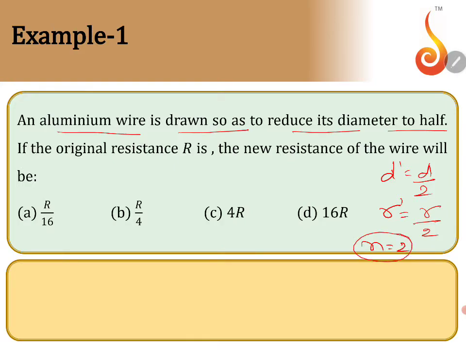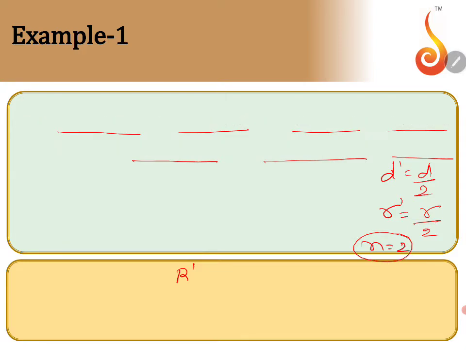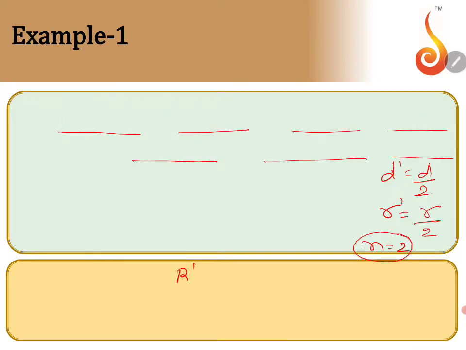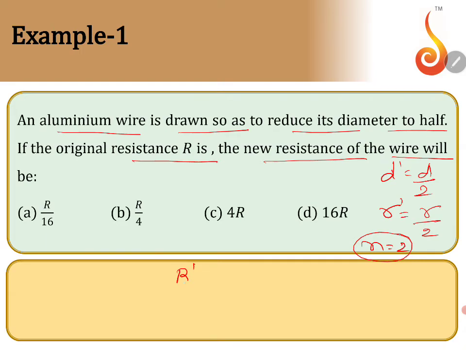If the original resistance is R, then the new resistance of the wire will be. So just now we have learned the relationship between the radius as well as the resistance. If the radius decreases by n times, then the resistance increases by n power 4 times. Hagadre illi observe ಮಾಡಿ. So R dash is equal to n power 4 times of the old value of R.